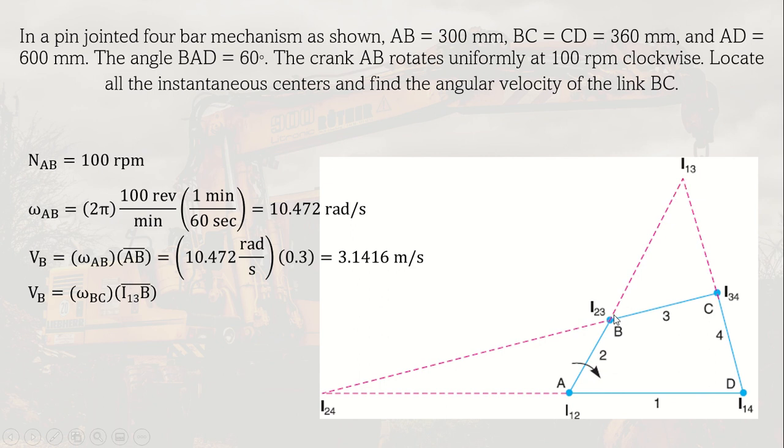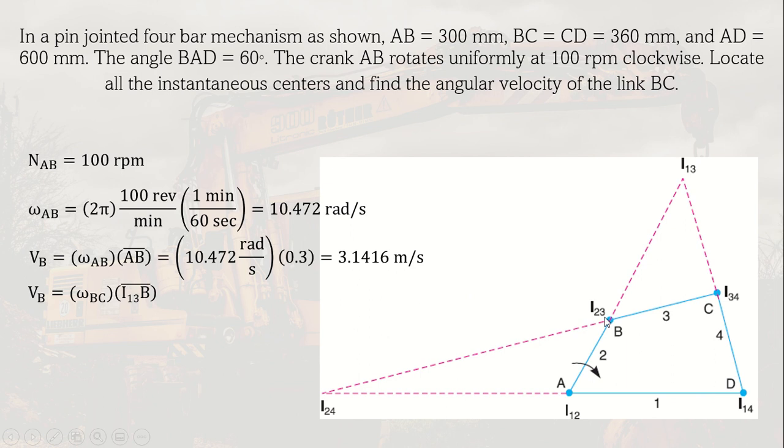Basically, with respect to this instantaneous center, all of the points in link 3, from 2-3 to 3-4, have the same angular velocity. And that is the angular velocity of BC, which is the one we are looking for.